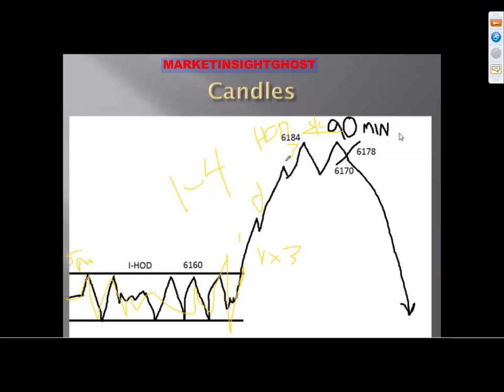It can be 1 candle straight up in 15 minutes, an aggressive move towards the stops. It could be in 3 candles. It could be in 7 candles. When they do it in multiple candles, this is how they do it.